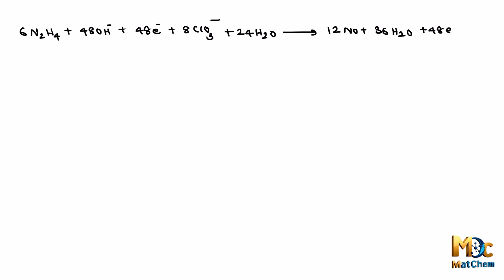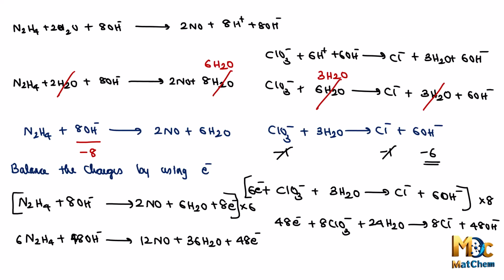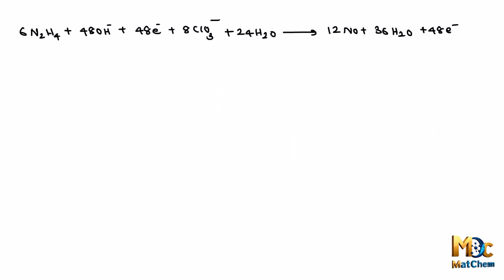The right hand side of the second equation is 8 Cl minus plus 48 OH minus.